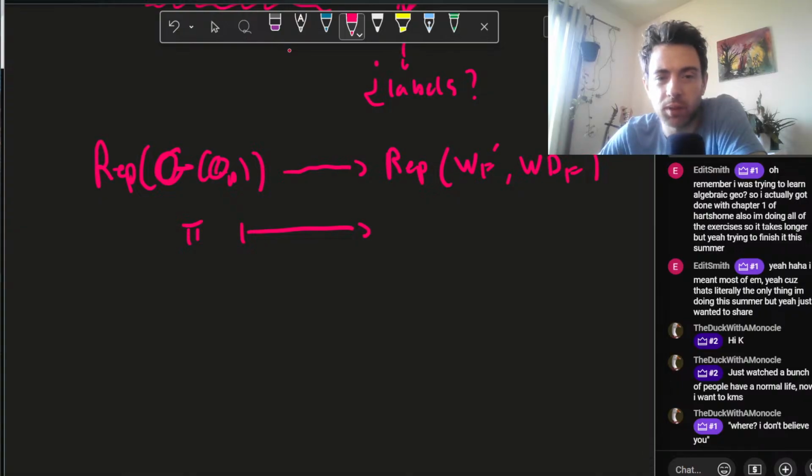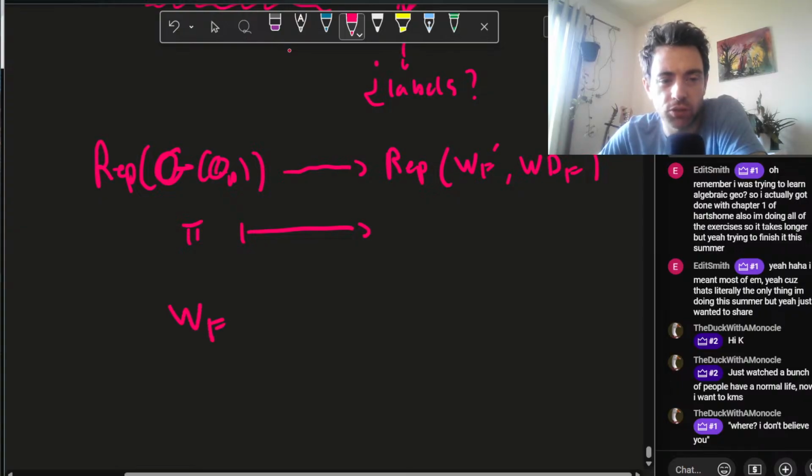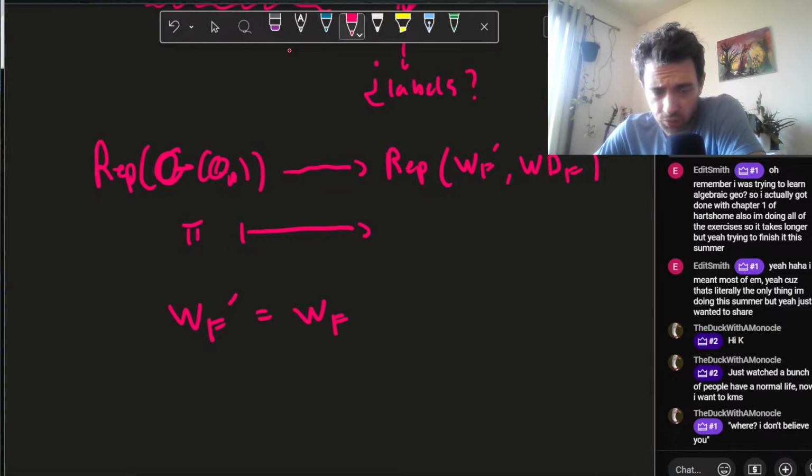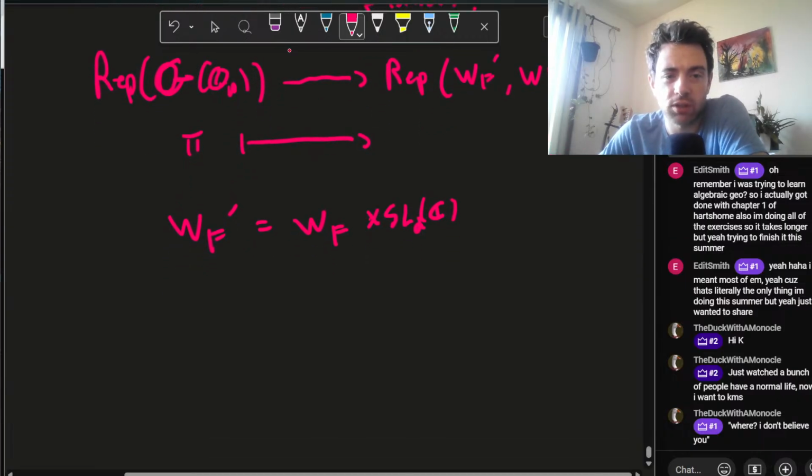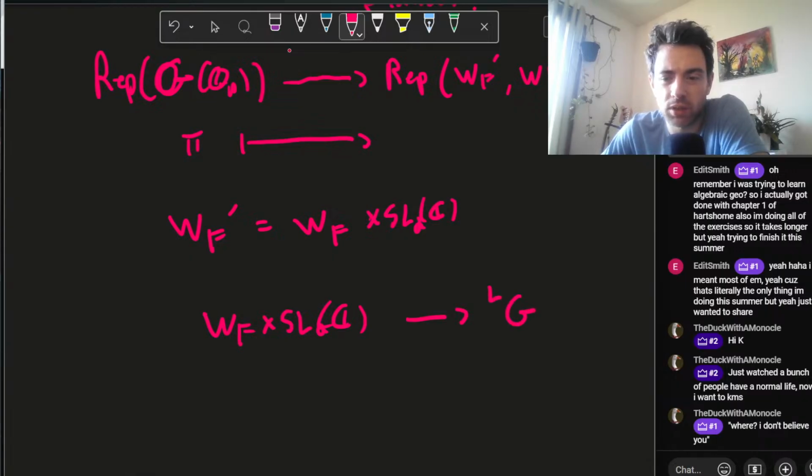I'm going to make a particular choice right now. I don't know if this is consistent with other people's notation, but what I mean is take the Weil group and multiply by SL2(C), and a Weil-Deligne representation is going to go into the L group of G.